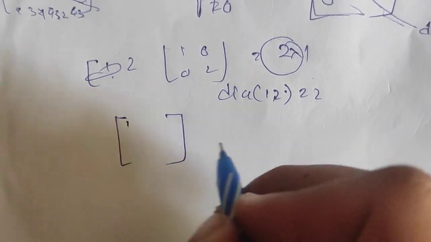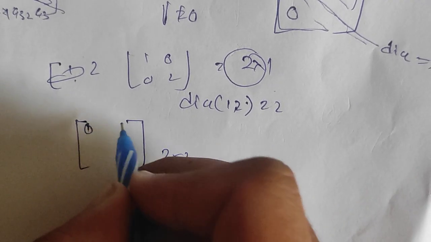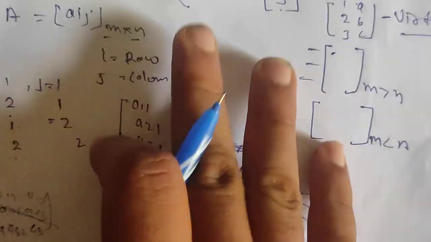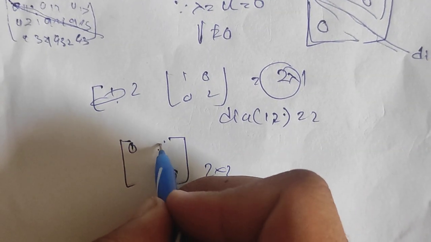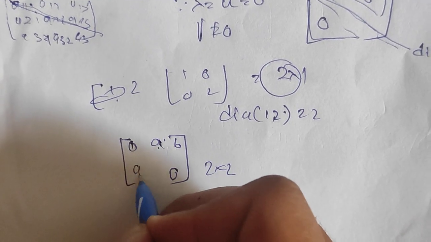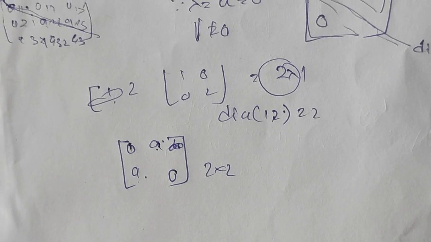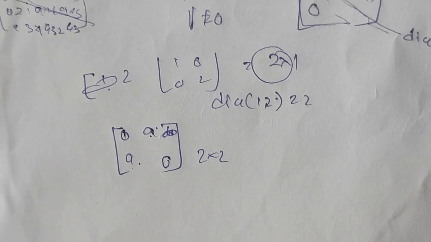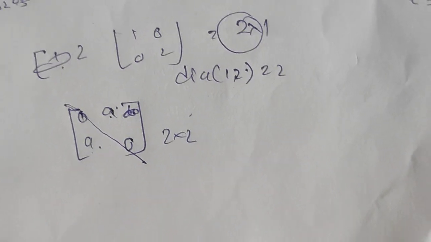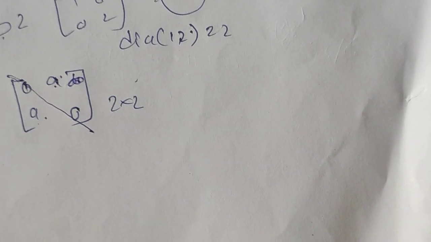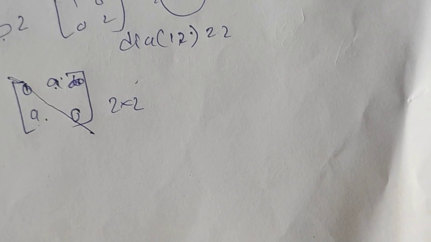For a 2 by 2, if we have 0 0 and the first part is not equal to 0, then what we call it, we will discuss in the next class, because it becomes a new matrix.